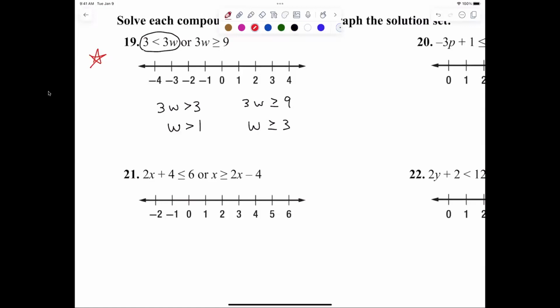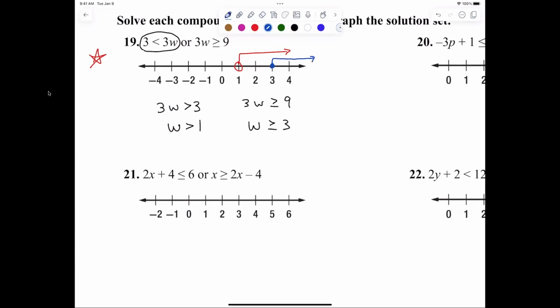So W is greater than 1, that'd be an open circle here, going to the right. And then W is greater than or equal to 3, so it would be a solid dot going this direction.